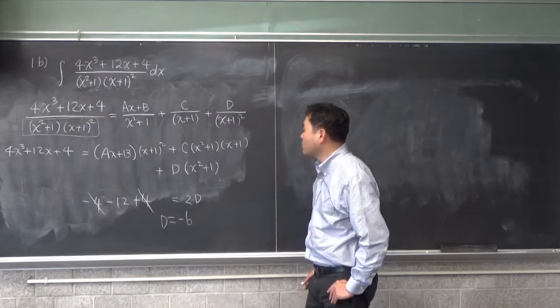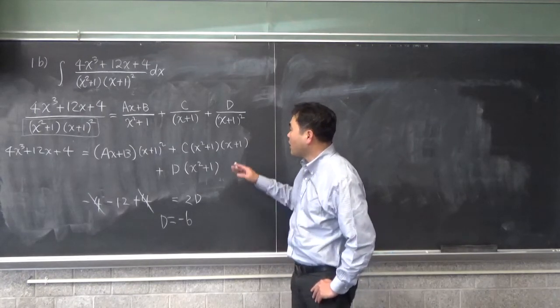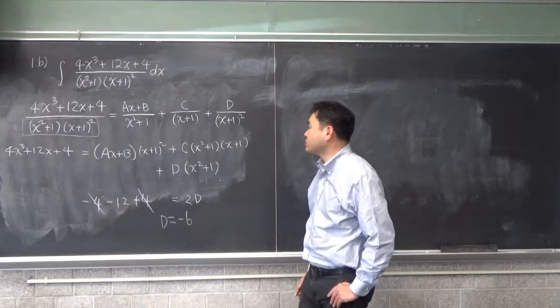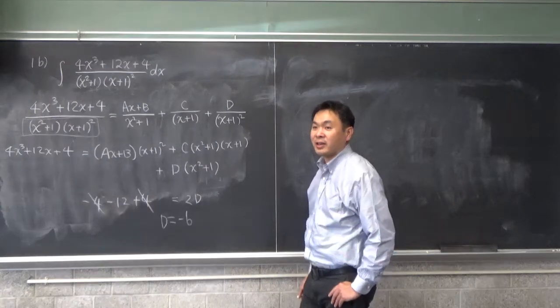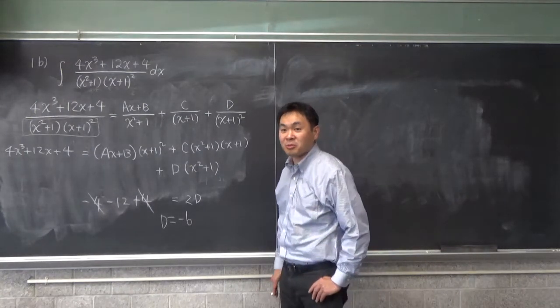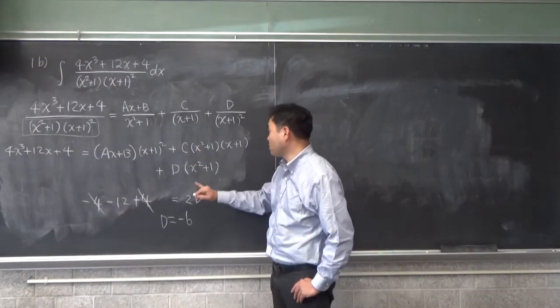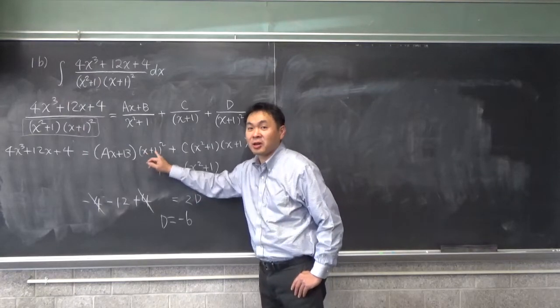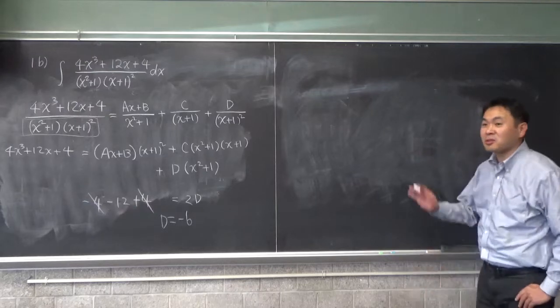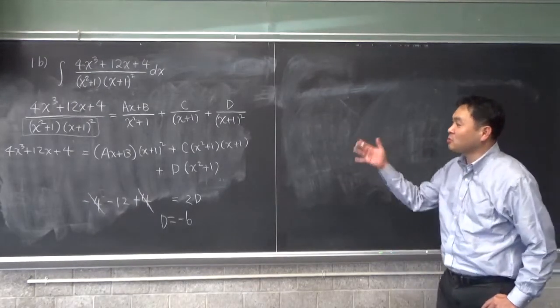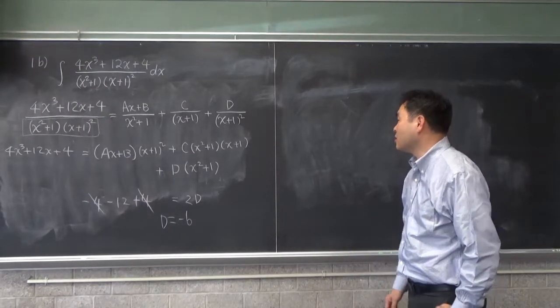You could also look at the highest order term. You can even plug in x equals i, the imaginary number. If you do that, this will be 0, this will be 0. You have to do i plus 1 squared. That's certainly doable. You can use a mix of these approaches.